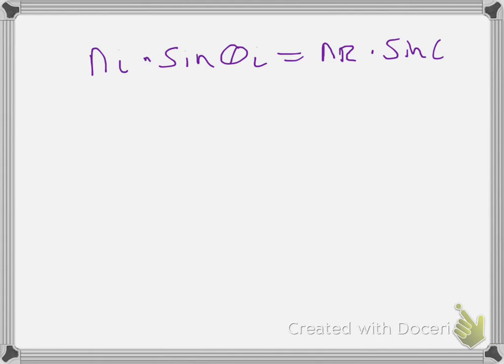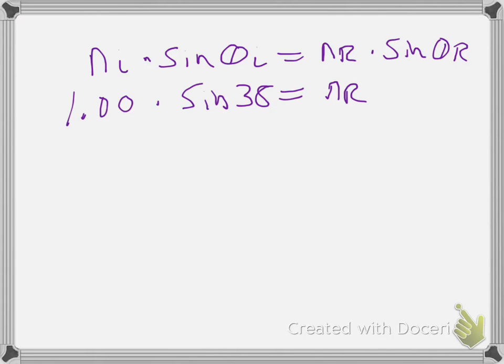So again, we're going to plug in. We know Ni times sine theta i equals Nr times the sine of theta r. Plug that information in: 1.0 times the sine of 38 equals Nr, again this is what we're trying to find, times the sine of 26.